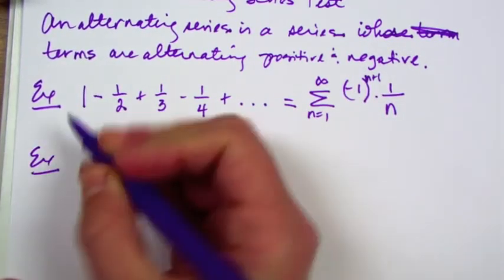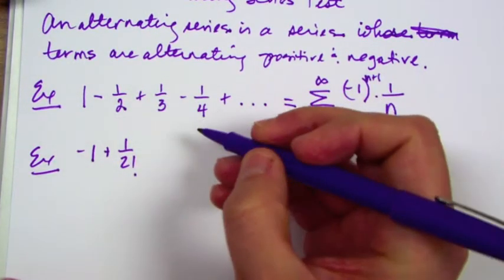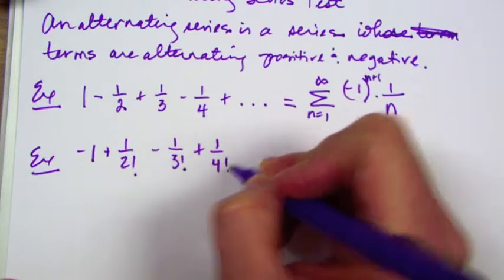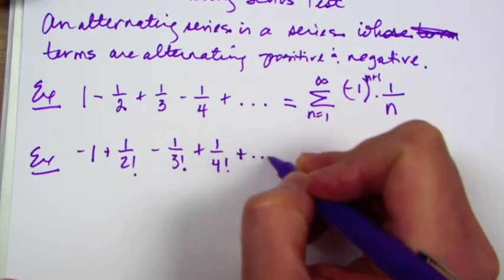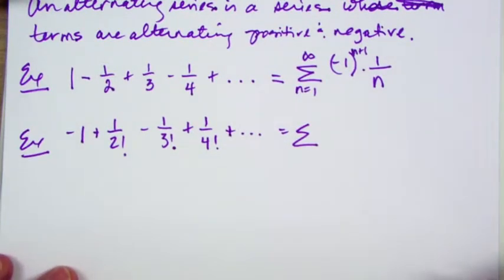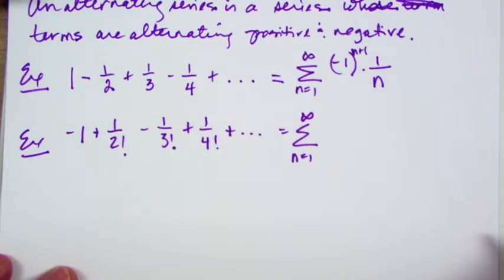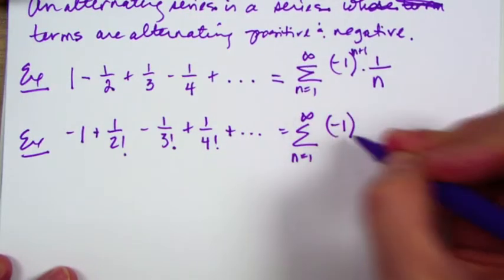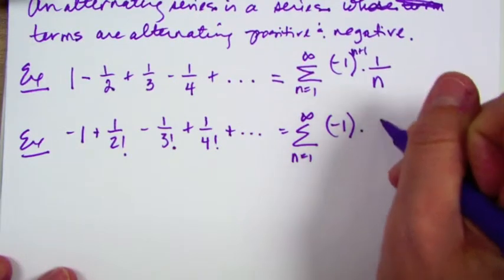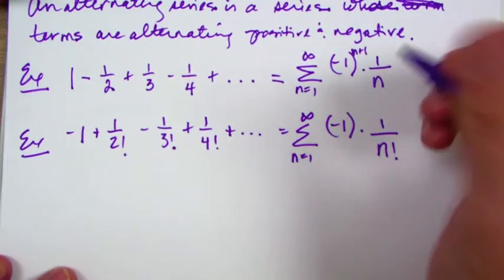Okay? So here's another one: negative 1 minus 1 over 2, plus 1 over 2 factorial, minus 1 over 3 factorial, plus 1 over 4 factorial. So it's 1 over n factorial times negative 1, help me out here, to the n, right?